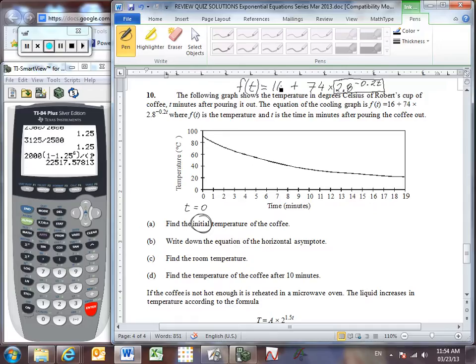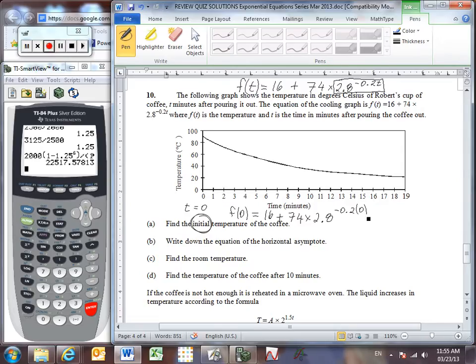Another way that you could argue this is, if t equals 0, why don't you just substitute t equals 0 into the function? And so our f of 0 is equal to 16 plus 74 times 2.8 to the power of negative 0.2 times 0.